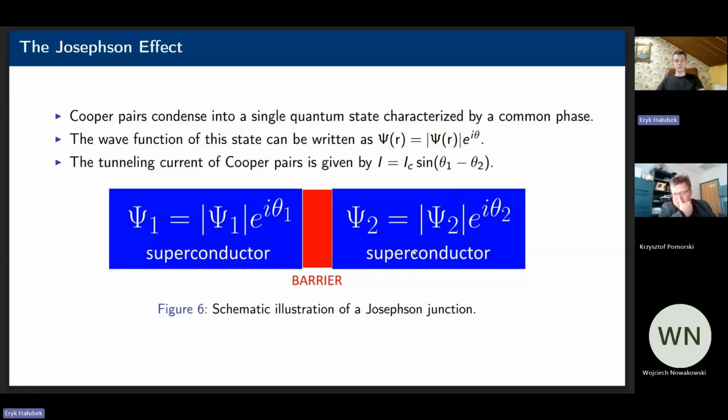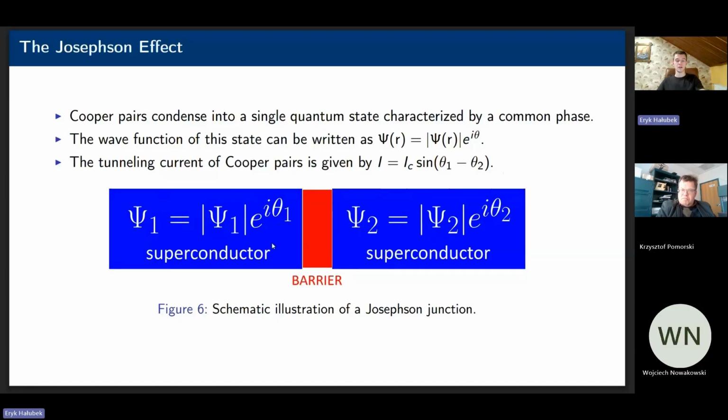Through this kind of structure, we observe a current flowing across it that is proportional to the sine of the phase difference on the sides of this junction.